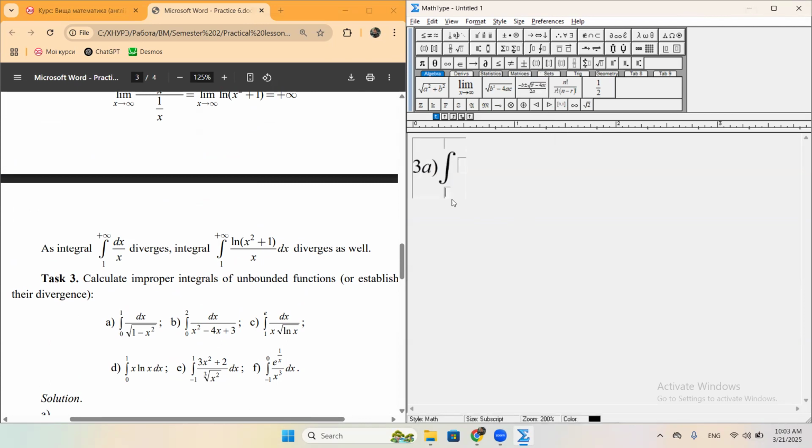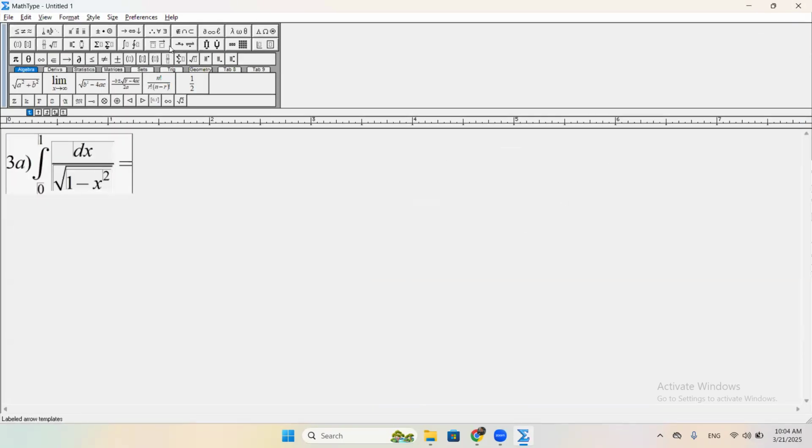It's an integral for which the bounds of integration contain a singularity point. So 1 minus x squared: when x equals 1, we have a singularity, so we have infinity here. When x equals 0, everything is okay. So now let's calculate it and see.